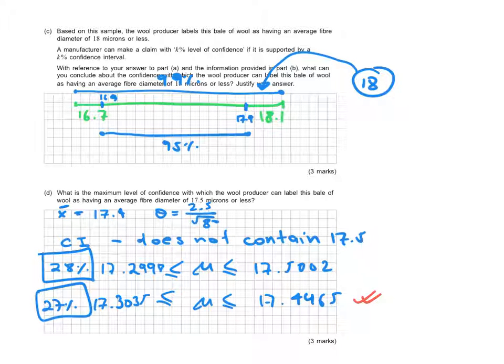Now, there's another way of doing it. You're looking to identify the maximum error. What we're looking for is an average fiber diameter of 17.5, and the sample mean is 17.4. So we do have a maximum error of 0.1.